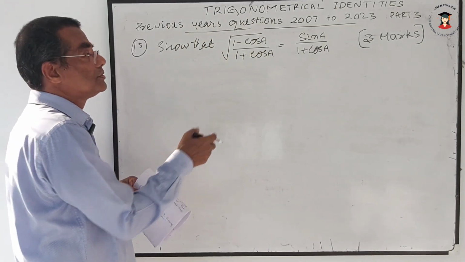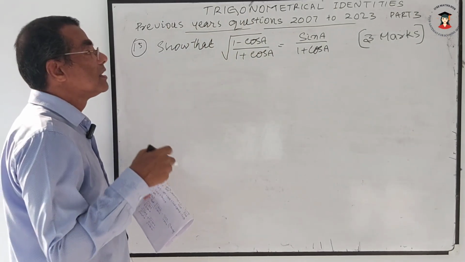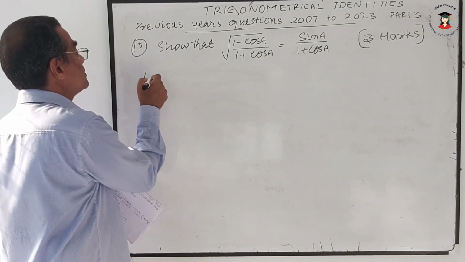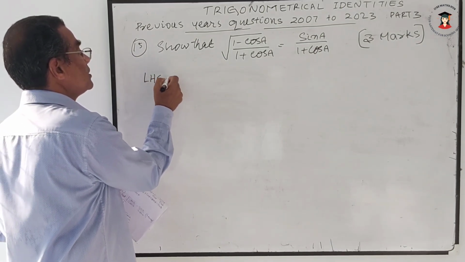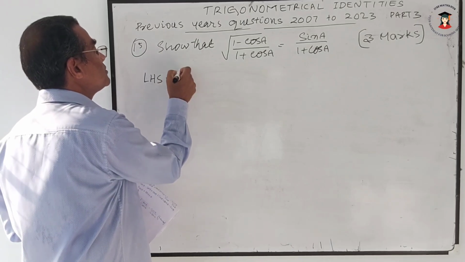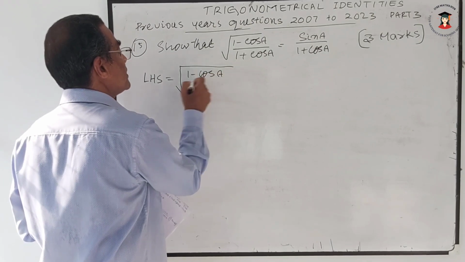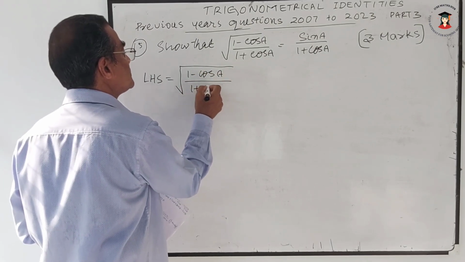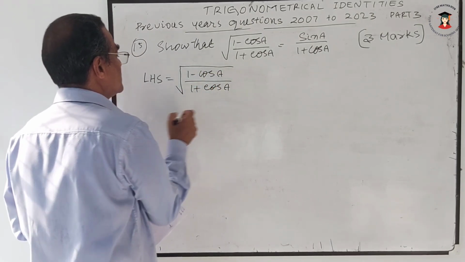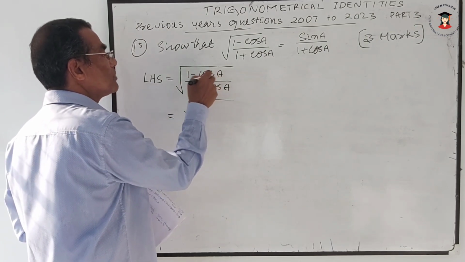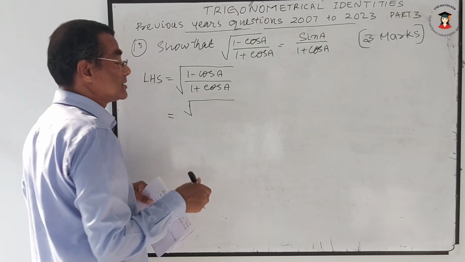It is easy to simplify the left side and arrive at the right hand side. So left hand side equals root of (1 minus cos A) divided by (1 plus cos A). This means root of numerator divided by root of denominator.